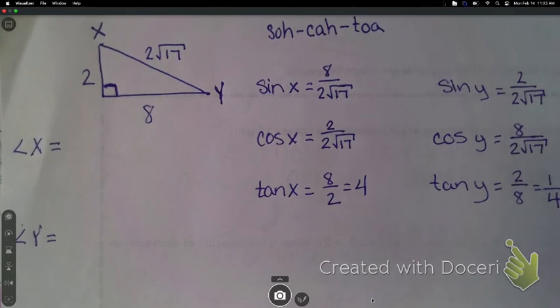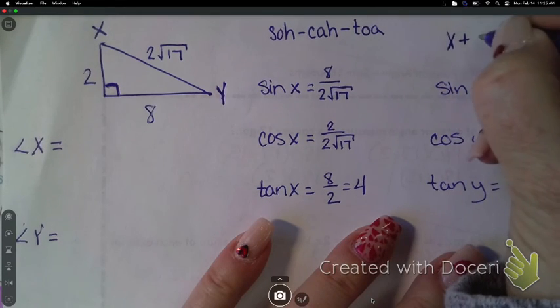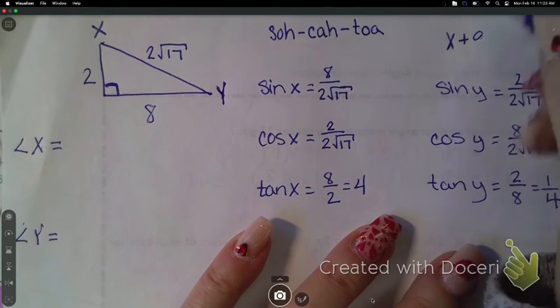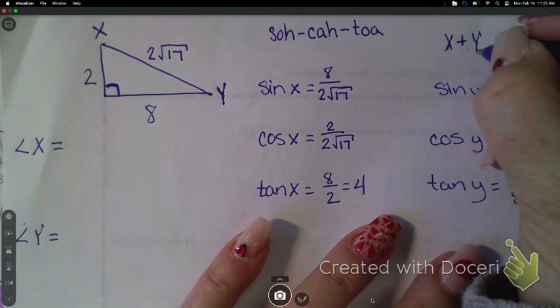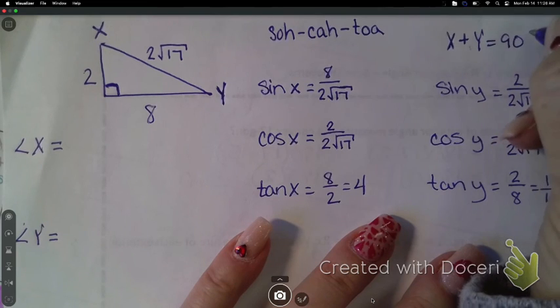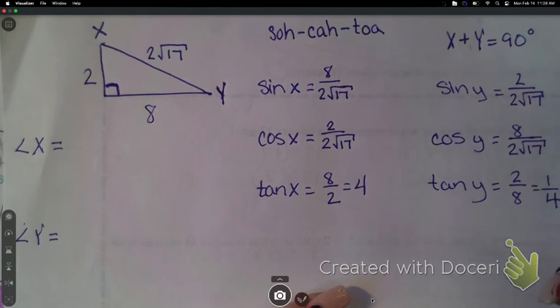It's a right triangle, guys. X plus Y has to equal 90, doesn't it? Okay, if X and Y are complementary, the sine of one will be the cosine of the other. Always. Every time. Because they're cofunctions. I'm not going to test you on that or anything, but I was just going to let you know that.